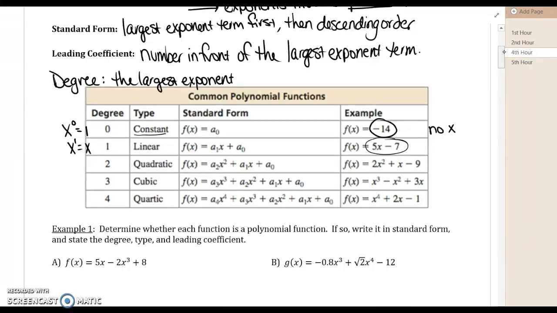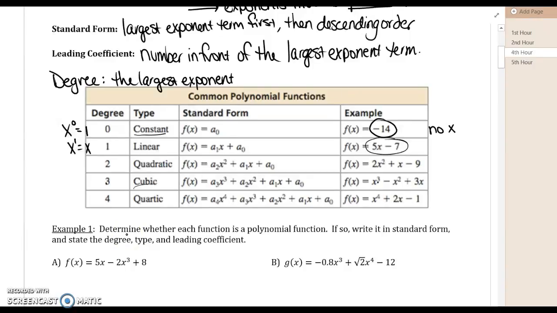So there's x times x, which is x squared. So if your largest exponent is 2, it is a second-degree polynomial, and we call that a quadratic function. If it is a third degree, your largest exponent is 3, and that is a cubic function. And if your largest exponent is 4, we call that a quartic.